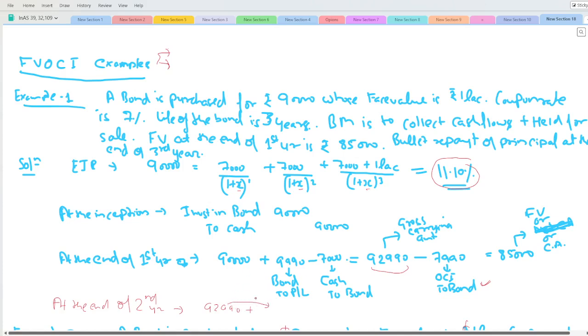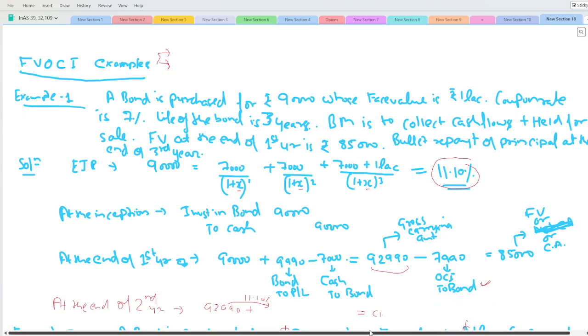You will calculate the interest on the basis of the effective interest rate. So 11.10 you will apply here, and then minus coupon, and you will come to the closing balance. Then again, whatever the fair value is at the end of the second year, you will take that, and then take the balancing figure, this one.